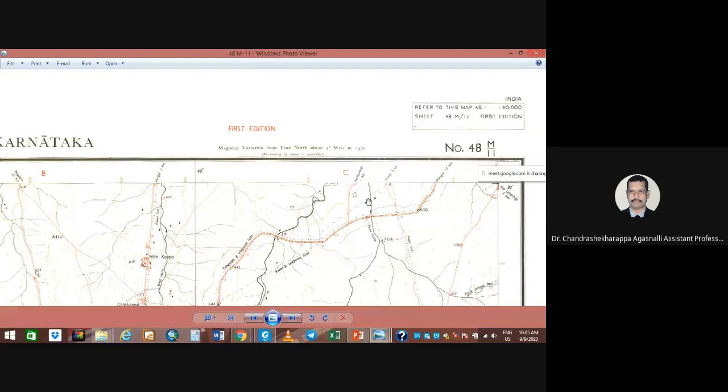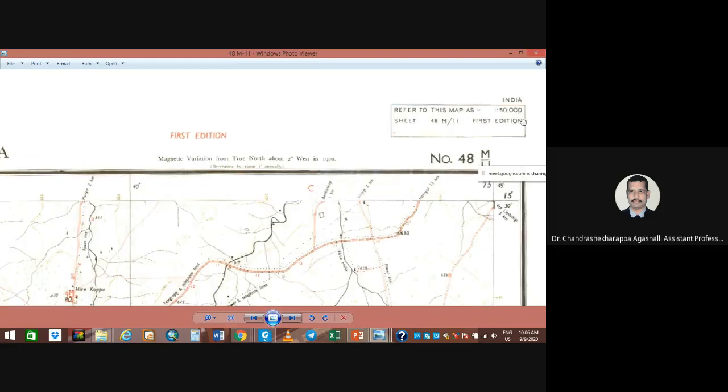That means 1 centimeter is equal to 500 meters on the ground. If you measure from here to here, if it is 1 centimeter, that is equivalent to 500 meters on the ground. Okay, that's called a map scale.